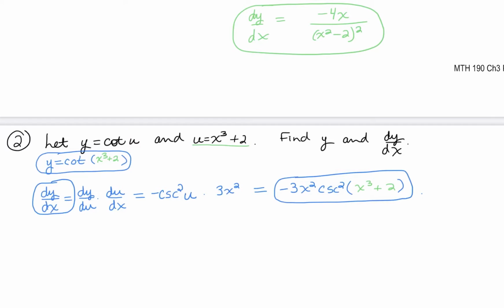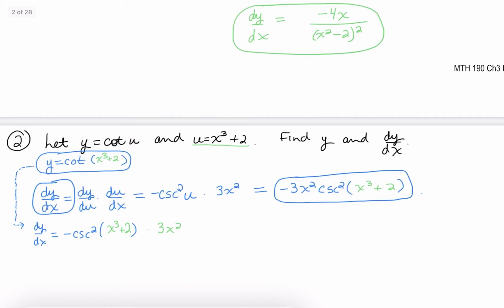I'm probably more apt to just take this y directly and say, okay, that's going to mean my dy dx is just going to be the derivative of the outside, negative cosecant squared, with my inside left alone. So with the x cubed plus 2 left alone, and then times the derivative of the inside.